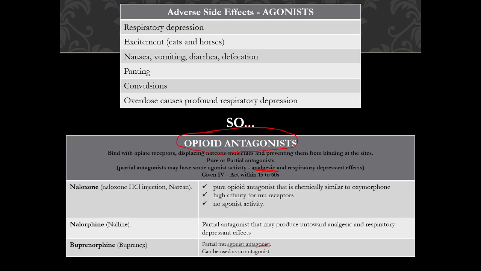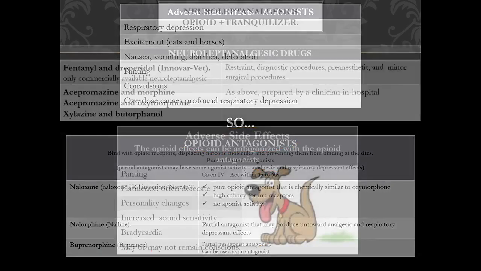They can be used as an antagonist, and then actually butorphanol is a partial agonist antagonist that acts as an antagonist to knock out some of the worst effects of morphine or one of the higher mu receptor agonists, and then replaces it with some kappa activity that also produces some pain relief as well.